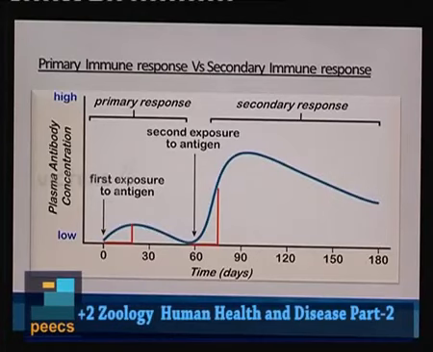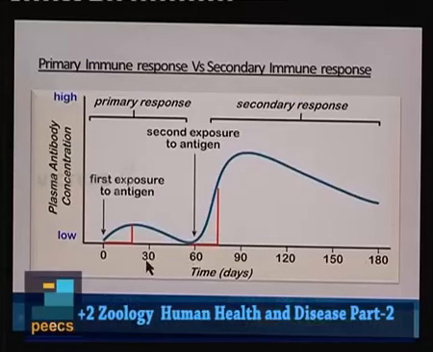Our acquired immunity is having two types of responses. What are the two types of responses? First one is primary immune response and the second one is secondary immune response.